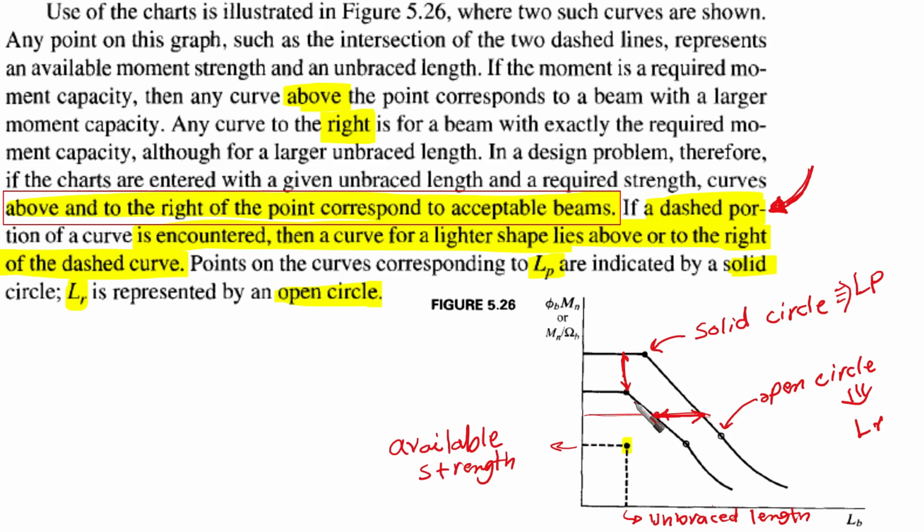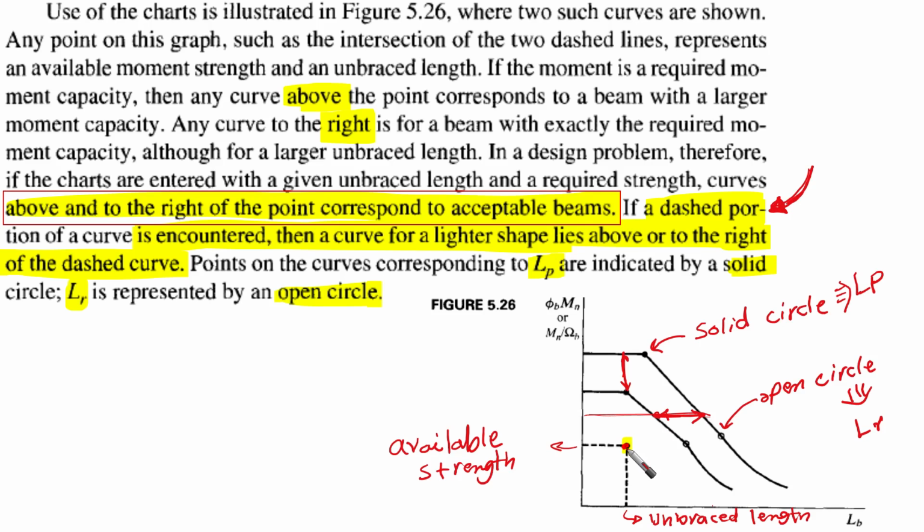There is another thing. Whenever you are entering the graph, you need to know how your curve is going to be sufficient for the required strength and the unbraced length that you have. So assume that you have a required strength, represented here by the horizontal dashed line, and you have an unbraced length, represented by this vertical dashed line, and this dot is the required cross-section.